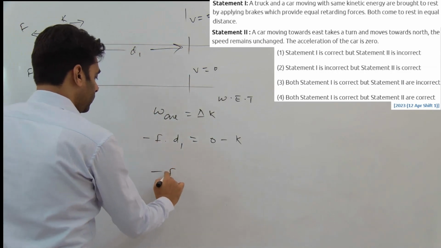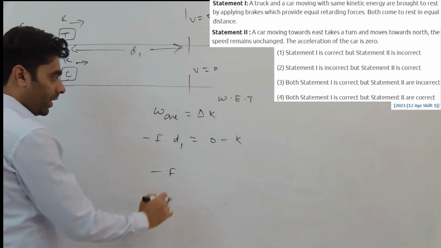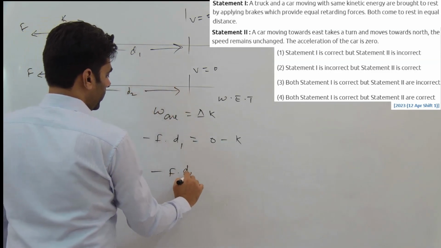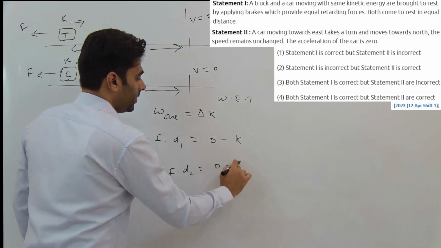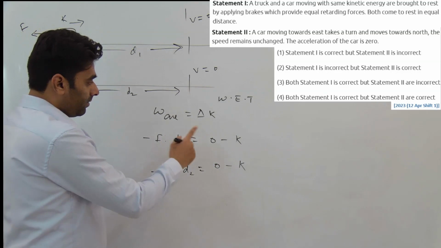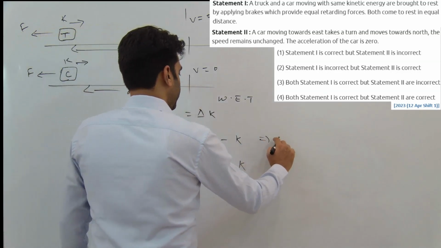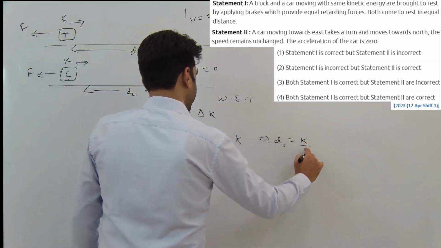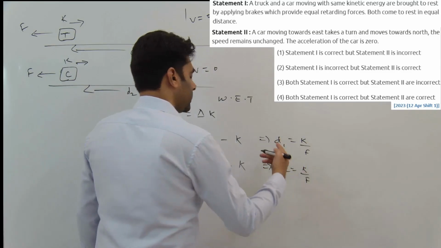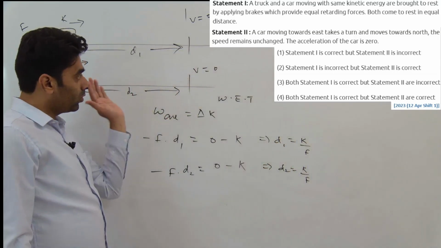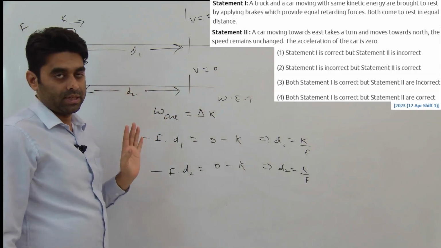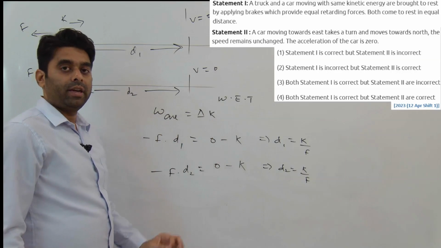So minus F into distance D2 is equal to final kinetic energy 0 minus initial kinetic energy K. As you can see carefully, D1 value is K by F, D2 value is K by F. So obviously both of them, the truck and car, will stop in same distance. So statement 1 is correct.